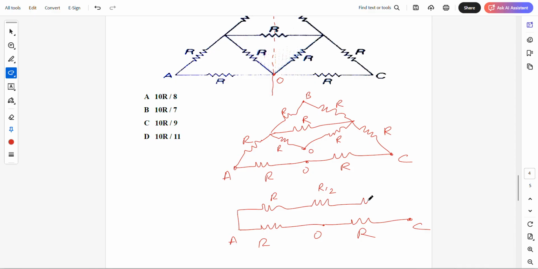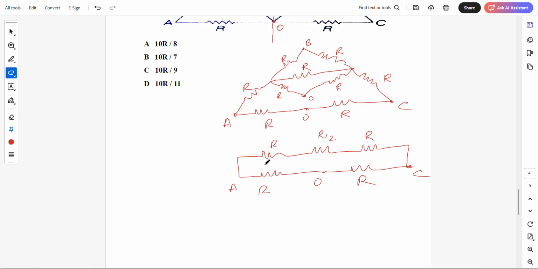This is R. Now see here, this is 2R between A and C. Now 2R in series with R by 2. What does it become? 4R plus R, 5R by 2.